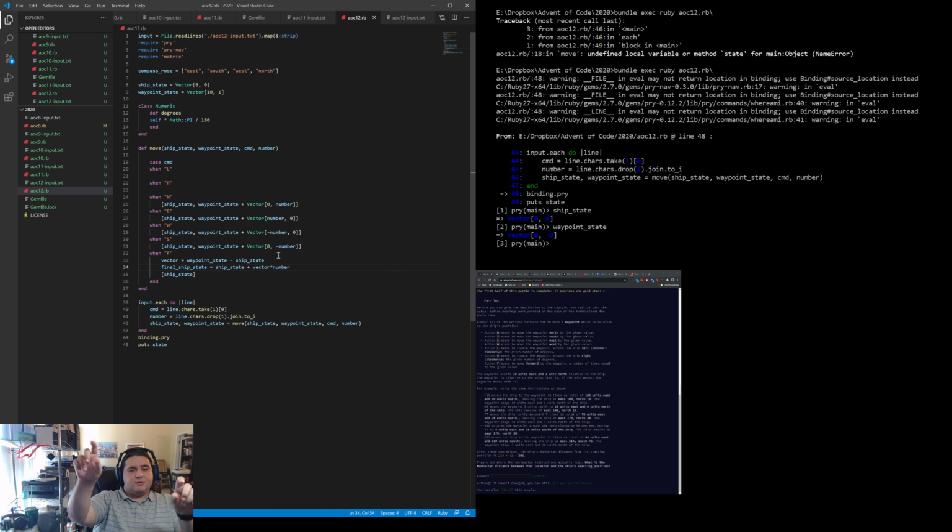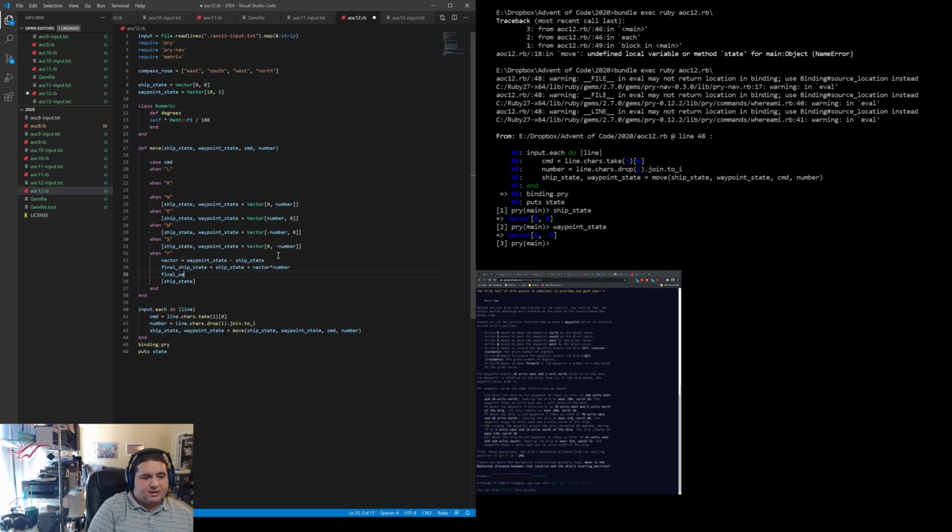Just take the difference between where the waypoint is and where the ship is, take that direction, multiply it by the scale number, add that to the ship state, you get the final ship state, and then the final waypoint state is the final ship state plus the vector, because basically the waypoint moves with it.